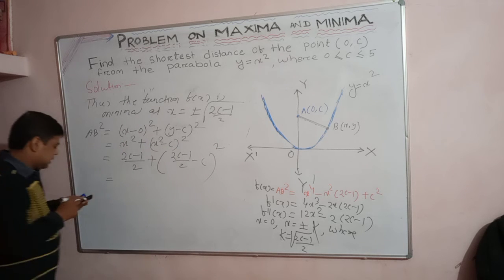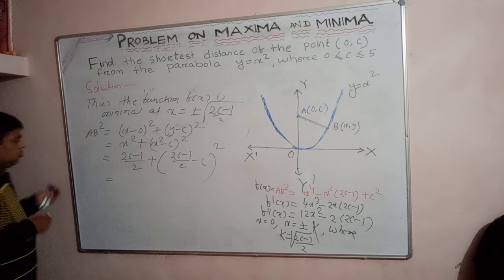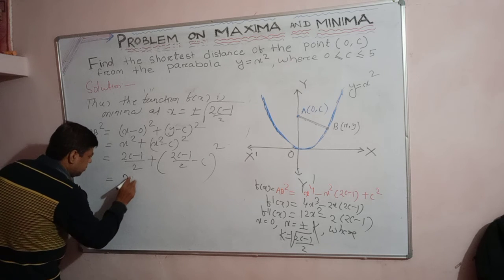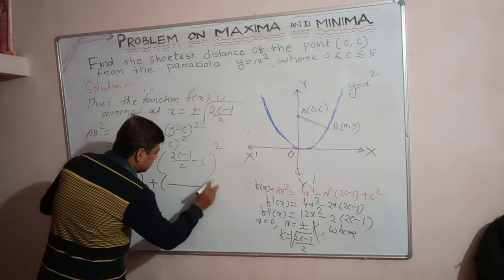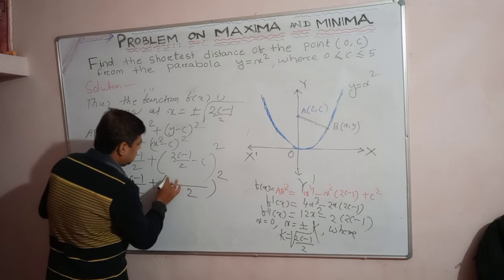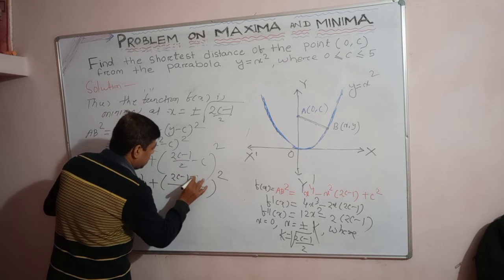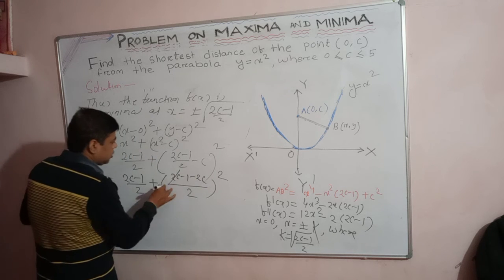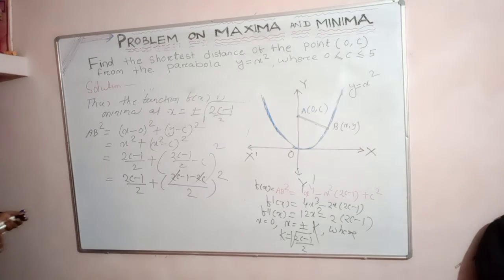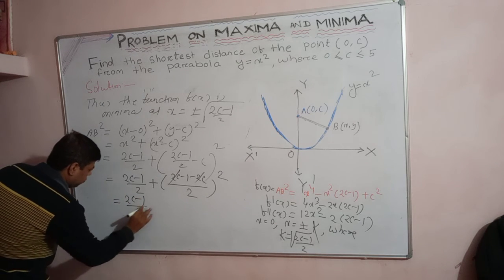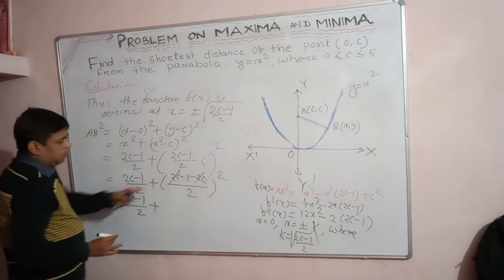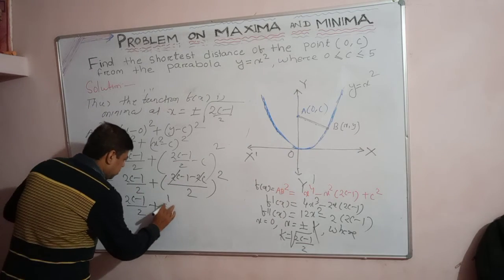Then that is equal to 2c minus 1 upon 2 plus, if you take the whole square, it will be 2c minus 1 minus 2c, and plus 2c minus 2c cancel. So that will be 2c minus 1 upon 2 plus minus 1 by 2 whole square, it will be 1 upon 4.